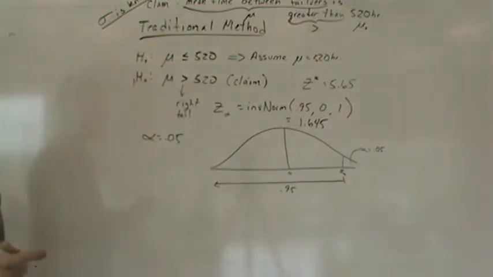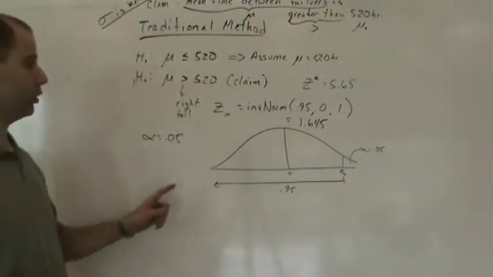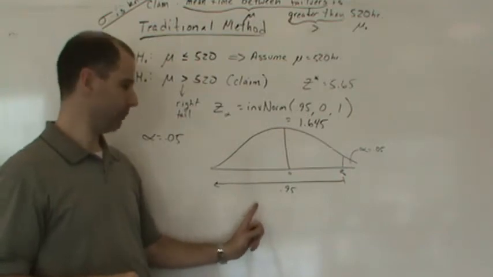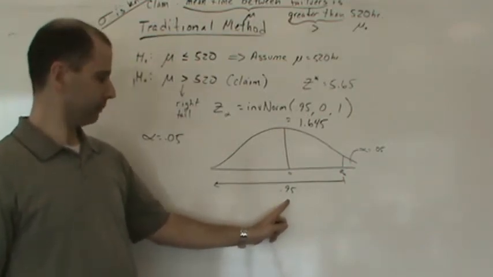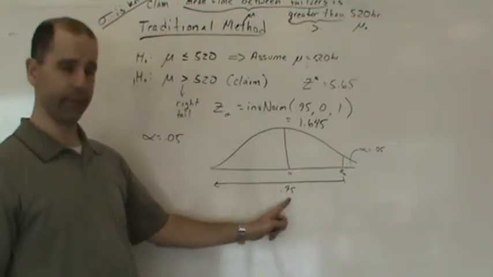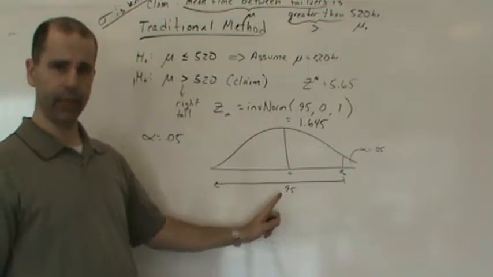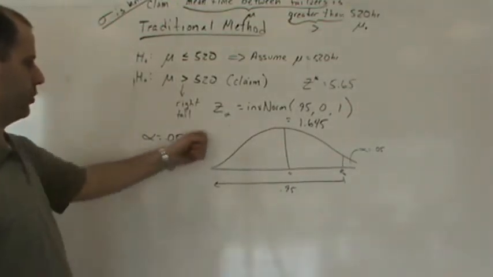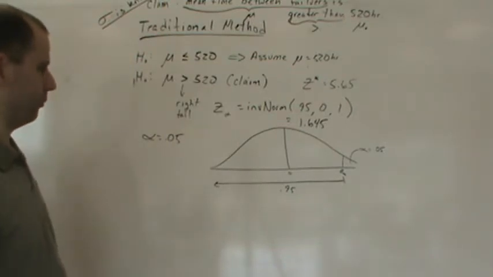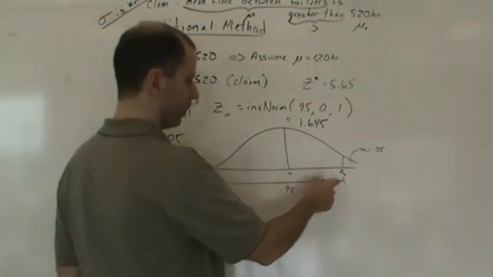Okay, so go and put it in your calculator. And again, you could also find this using the table, because you could just look up 0.95 on the table, and you can get the same z-score, 1.645. So again, you could use the calculator or the z-table. But the main thing is you've got your critical value.